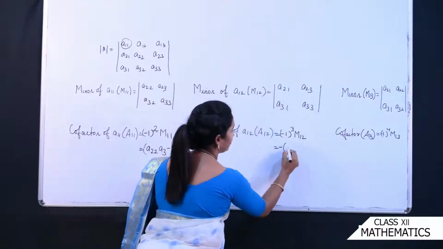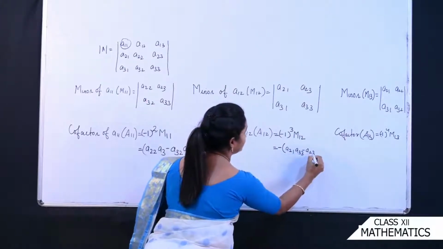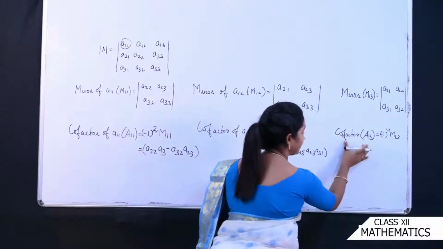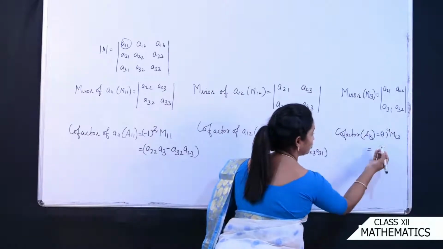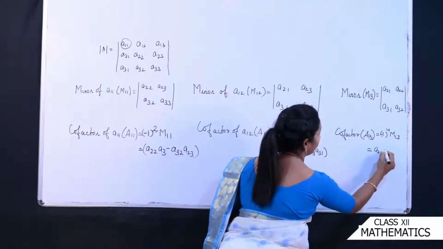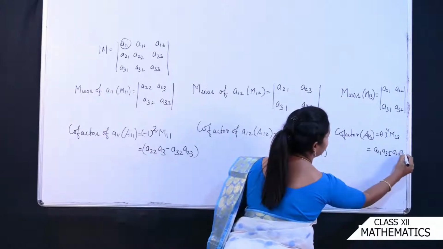M12 means what you'll get? A21 A33 minus A23 A31. Okay, again come here. यहाँ पे क्या होगा? -1 to the power 4, माइनस नहीं रहेगा, M13, that means A21 A32 minus A22 A31.